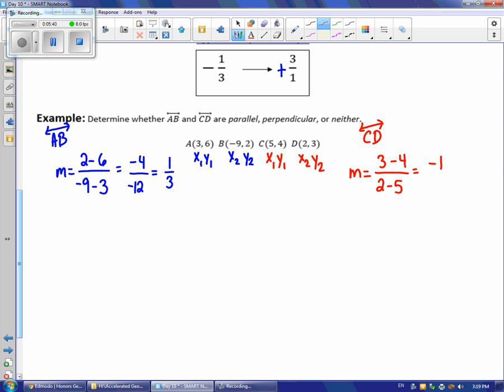That gives me a negative 1 in my numerator and a negative 3 in my denominator, but when I divide a negative by a negative, they cancel out, and I'm left with a positive 1 over 3. So since they have the exact same slope, we can say that lines AB and CD are parallel because they have the same slope.